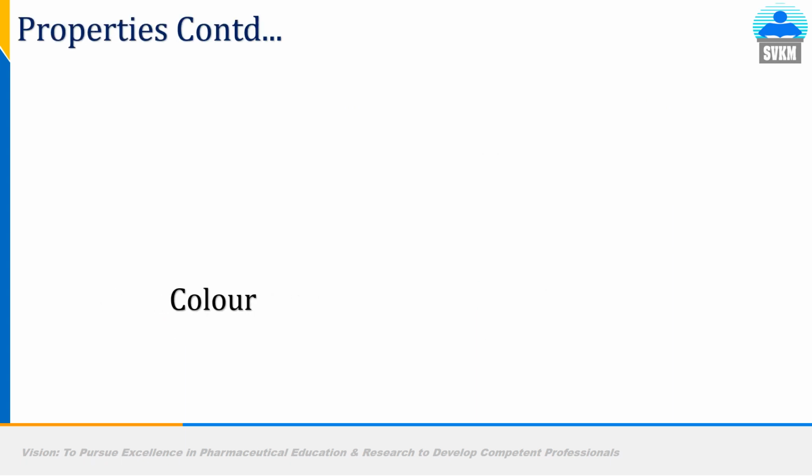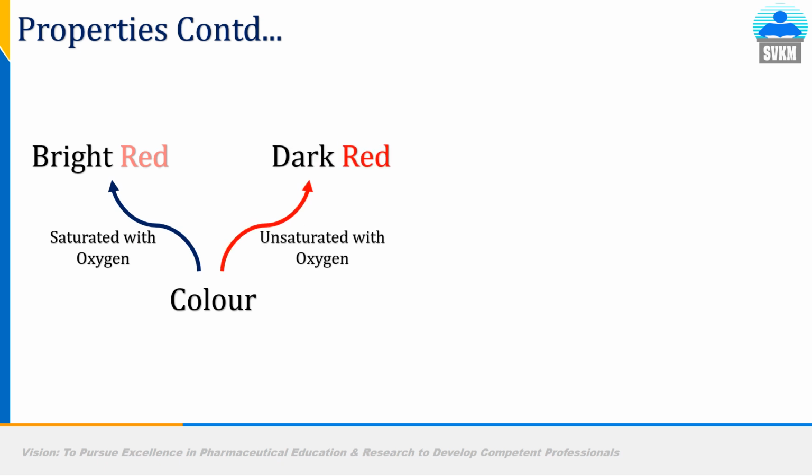Next, the color of the blood depends upon how much oxygen is present in the blood. Saturation with oxygen determines the color of the blood. When it is saturated with oxygen, it has a bright red color. On the other hand, when it is unsaturated with oxygen, the color of the blood is dark red or somewhat dull.